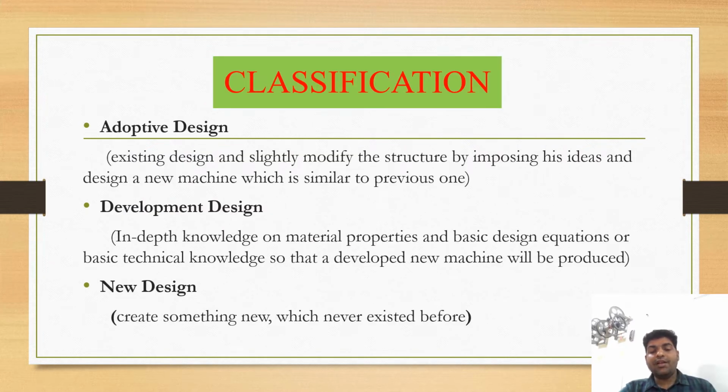Now we will see the types of machine design, that means the classification of machine design. Basically it has three different kinds: adaptive design, development design and new design. First we discuss adaptive design. In adaptive design, we take an existing design and slightly modify the structure by imposing the designer's ideas, and a new machine which is similar to the previous one is made.